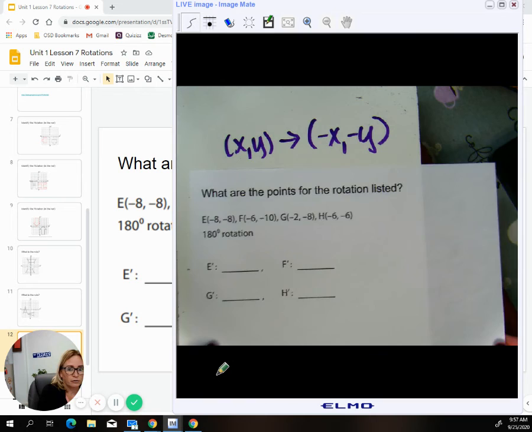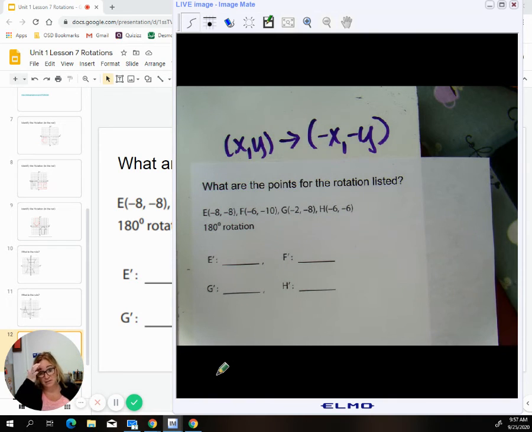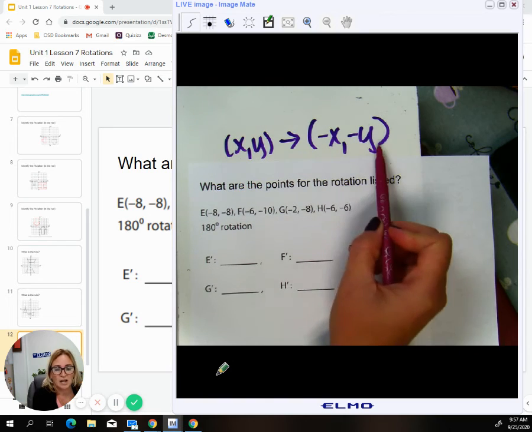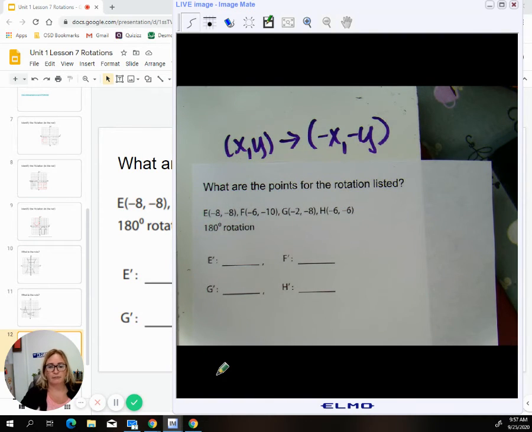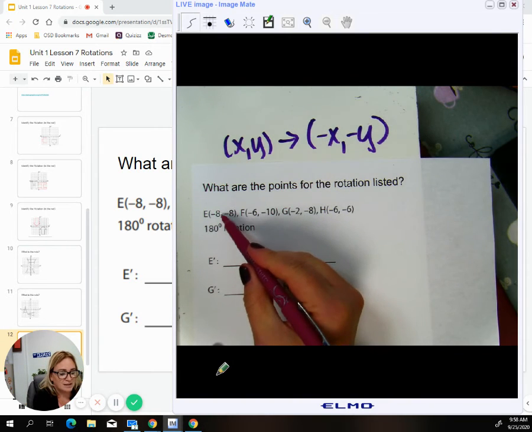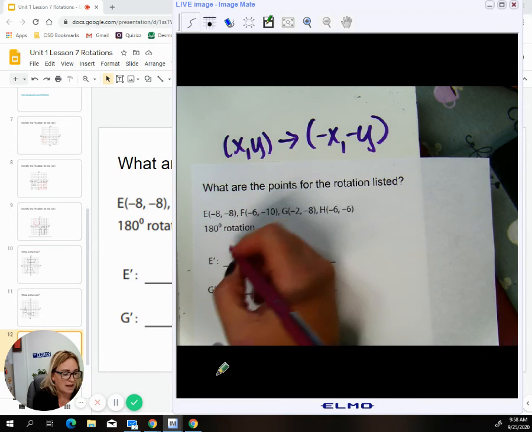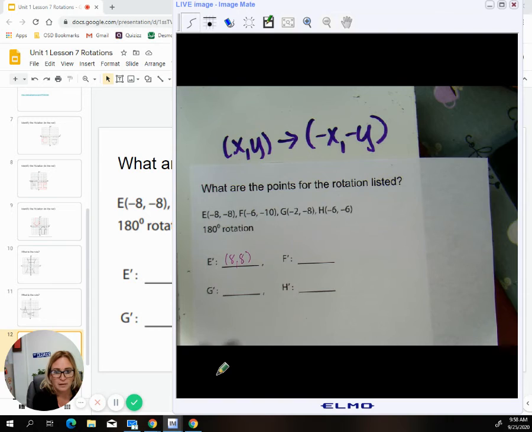If we're going to go through and do this, that means that we are taking every one of these points and changing the sign in front of it. We're doing the opposite. So E, instead of being negative 8, is now going to be the opposite of that, which is 8, 8.